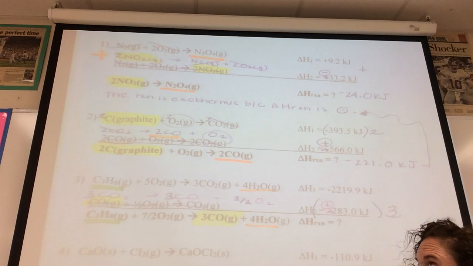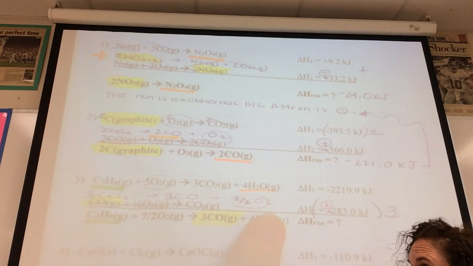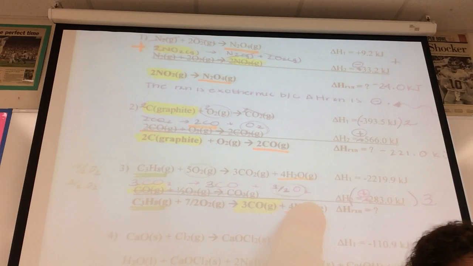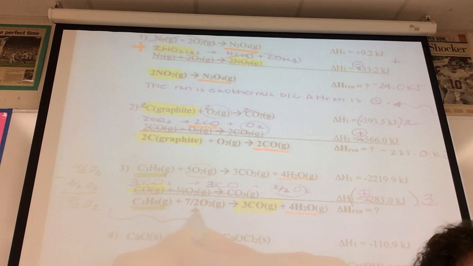Let's see if the oxygen makes sense now. For the oxygen, I have 5 O2s here and 3/2 O2 here. Well, 5 is like 10/2 O2, right? And this is 3/2 O2, and they're on opposite sides of the equation. So I'm going to subtract them, and that's 7/2 O2, which is what I got here. Yep.